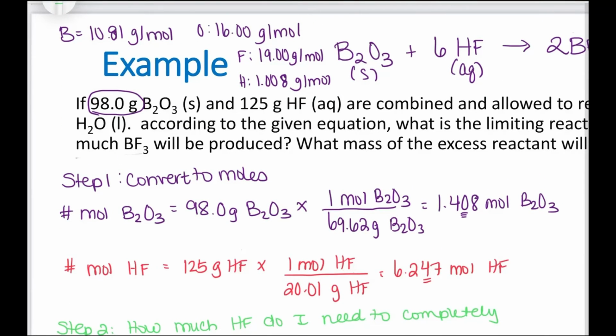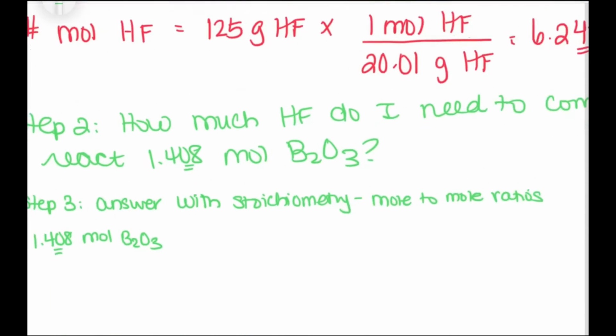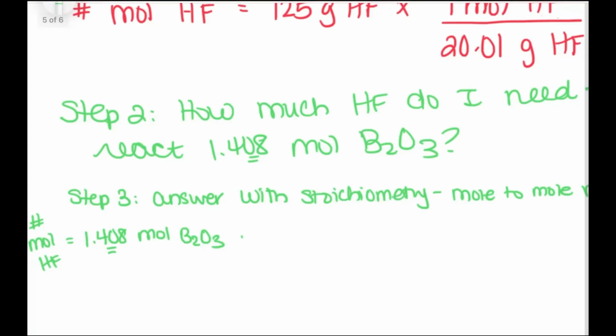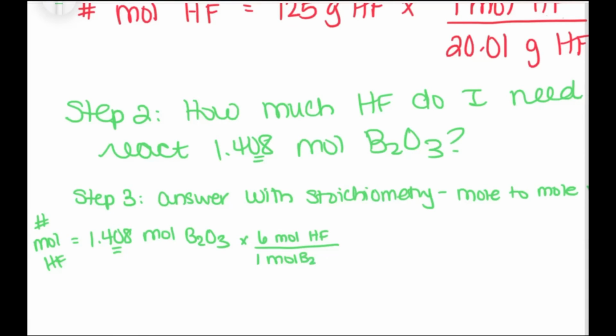Based on my balanced equation, I see it takes 6 moles of HF to react 1 mole of B2O3. When I complete this calculation, I find I would need 8.448 moles of HF to completely react all of the B2O3.